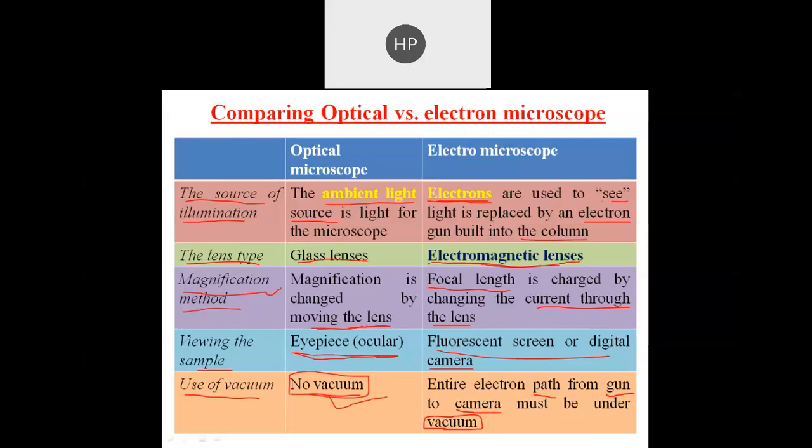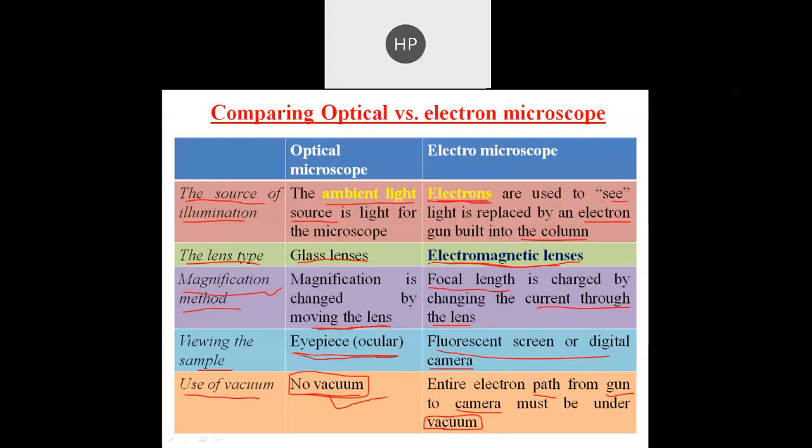So this whole electron path from starting point to end point is under vacuum, so that there is no deflection of the electrons and no foreign particles interrupt, so that we can have good clarity and higher magnification of the image. So this is the basic difference between the optical microscope and the electron microscope.